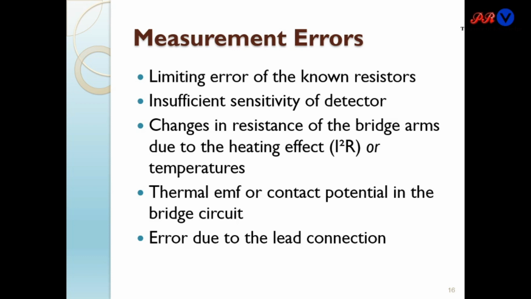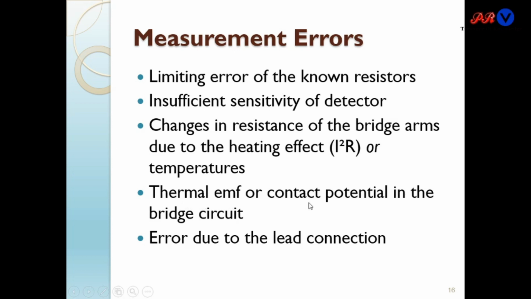Then the second error is insufficient sensitivity of the detector. The detector may not be properly sensitive to the current. Next, change in resistance of the bridge arms due to the heating effect. Sometimes resistance changes when current flows through it due to the heating effect, so it will also create errors in the measurement.